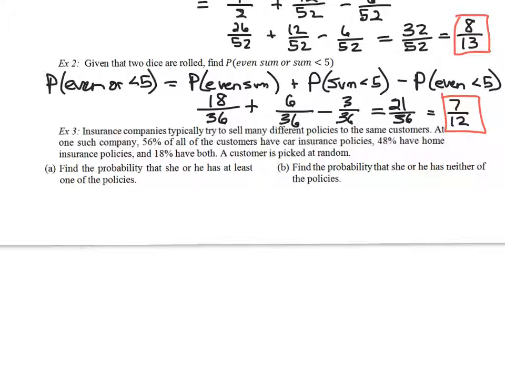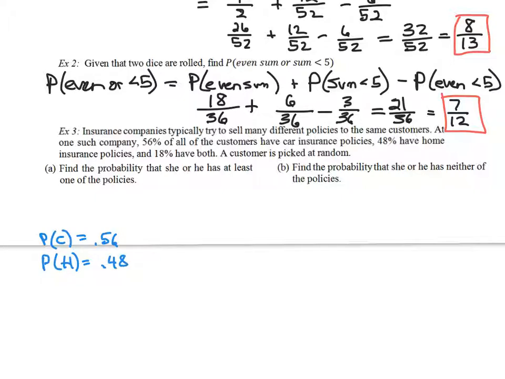In example number 3, we're looking at an insurance company. They have different policies. At one company, 56% of the customers have car insurance policies. So I'm going to write down what we know. The probability of car insurance is equal to 56%. 48% have home insurance policies, so the probability of home insurance policies would be 0.48.